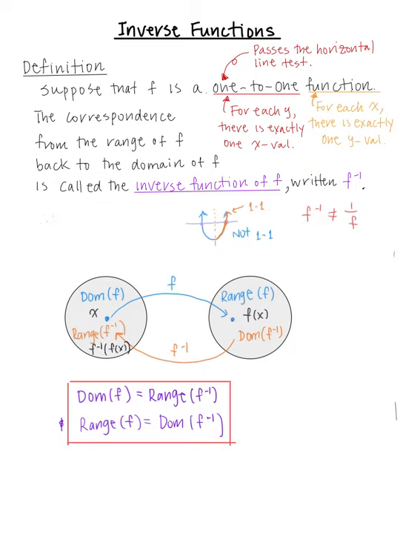But what do you know? f inverse of f of x is just exactly equal to x. So that is the relationship we can get out of it. If f inverse is the inverse of our function f, then f inverse of f of x better equal x.